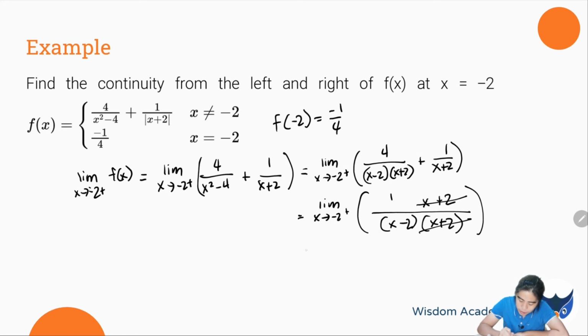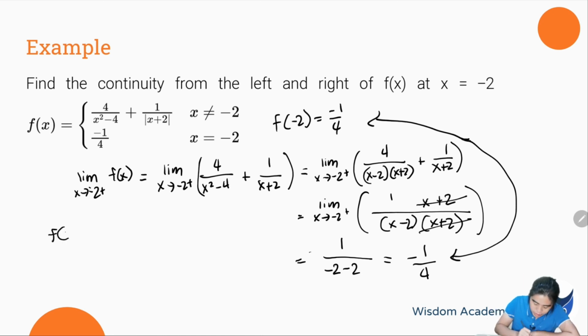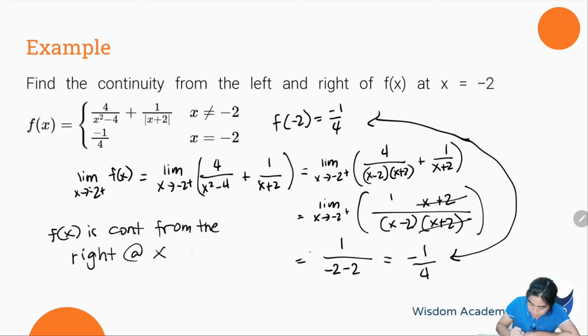So, we can now use direct substitution to check for the value of the limit. Using direct substitution, the value will be 1 over negative 2 minus 2, which is equals to negative 1 over 4, which is equal to f of negative 2. So, we can say that f of x is continuous from the right at x is equals to negative 2.